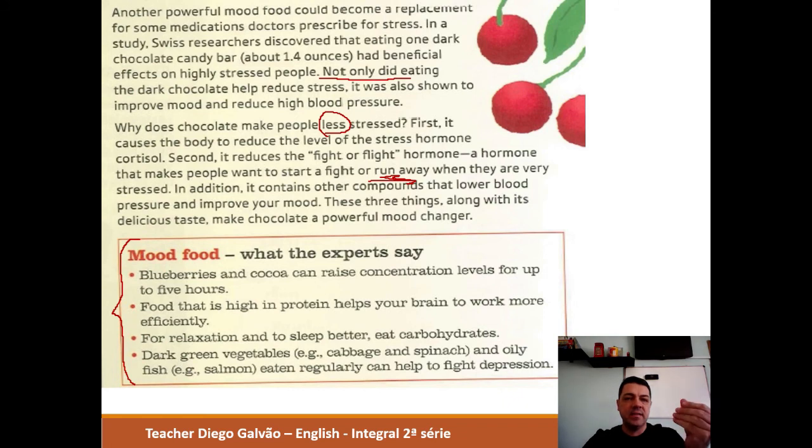Cocoa is the material used to make chocolate. Food that's high in protein helps your brain to work more efficiently. For relaxation and to sleep better, eat carbohydrates. And dark green vegetables and oily fish eaten regularly can help to fight depression.